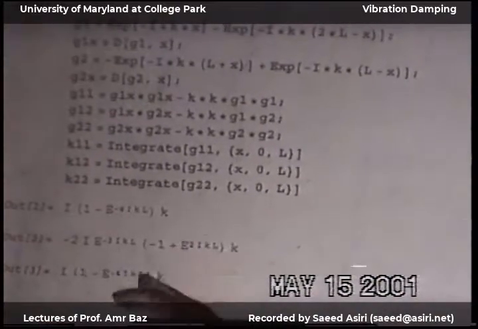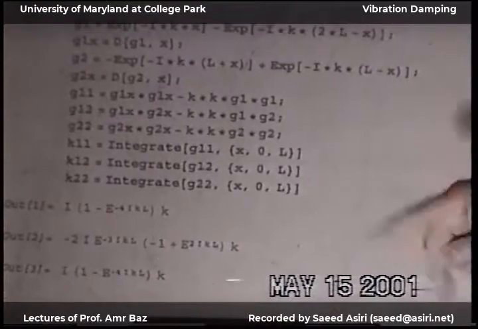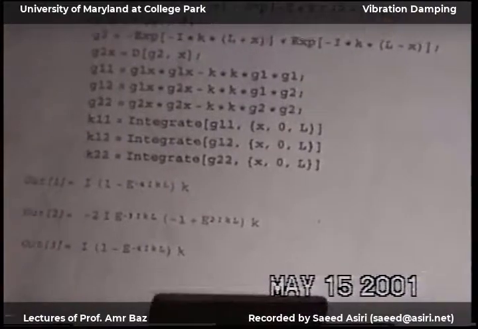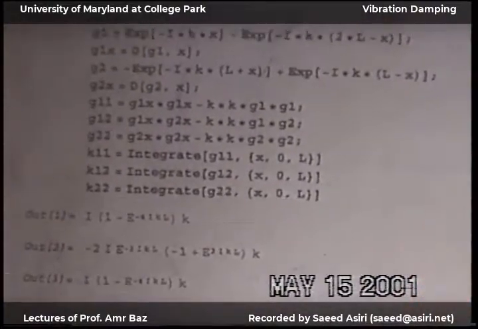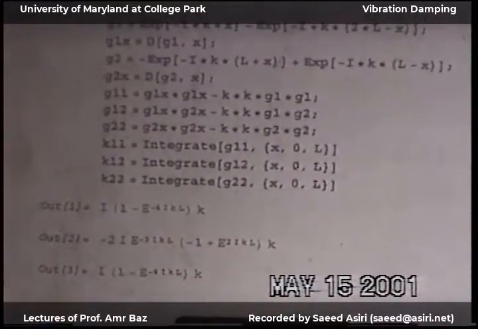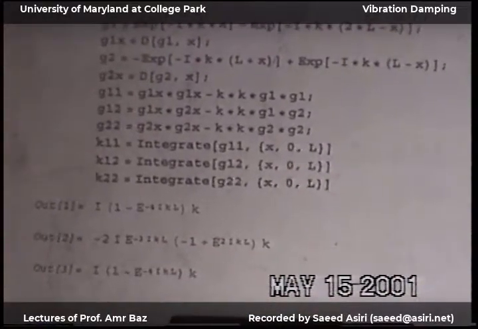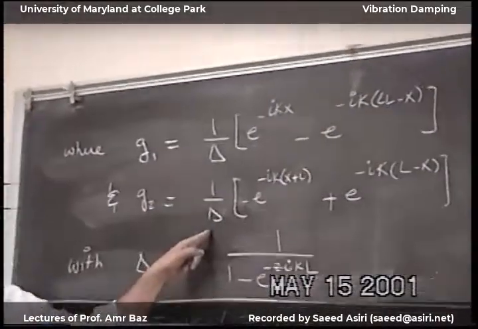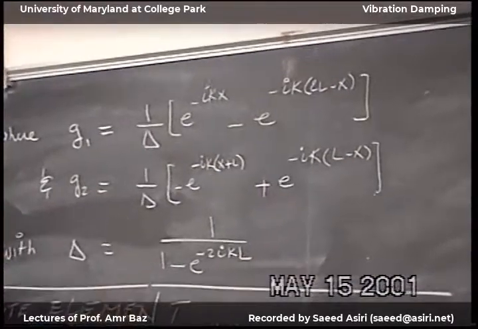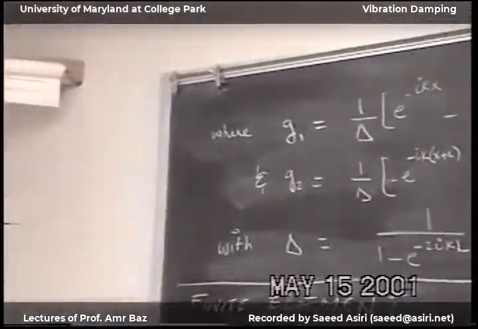I have only 3 elements because of the symmetry; the fourth element is symmetric with K12. Now this is the result that we have because I put everything except the delta. I did not add the delta to this program, so I have to divide the result by delta squared.